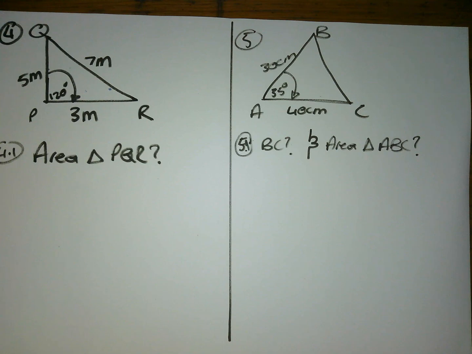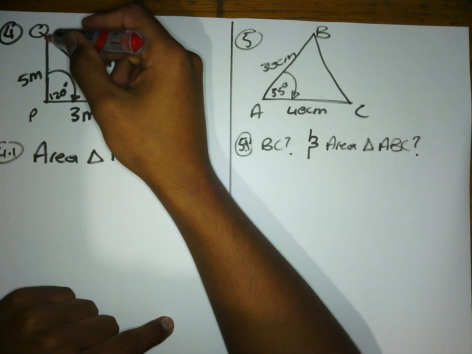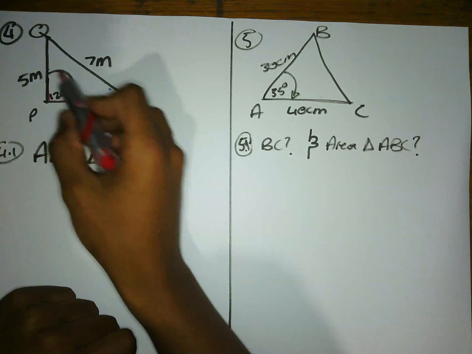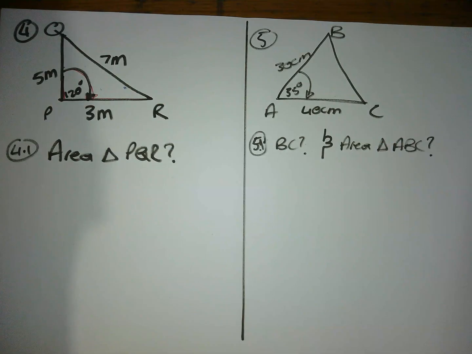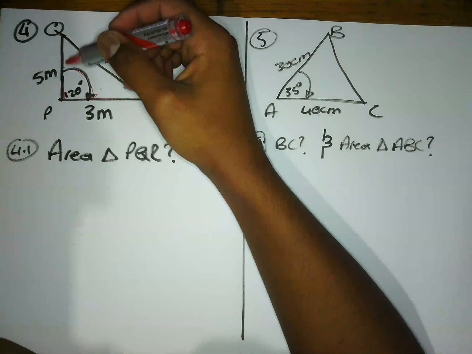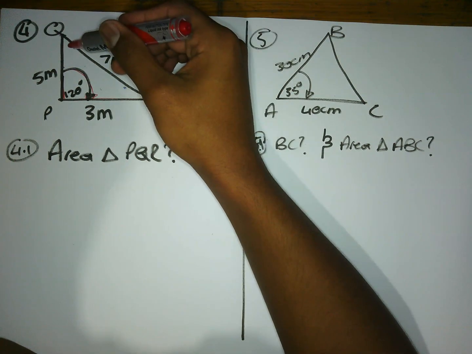The next one is asking for the area. Once again, and what did I say? For the area, we first identify a side, an angle, and a side. I didn't use PQR because there's no angle there.